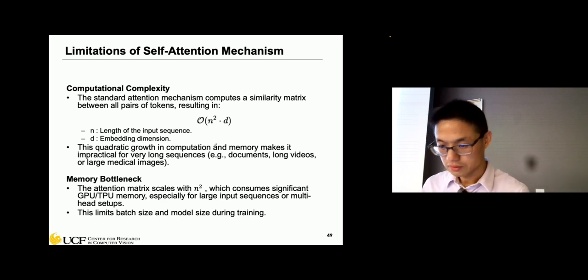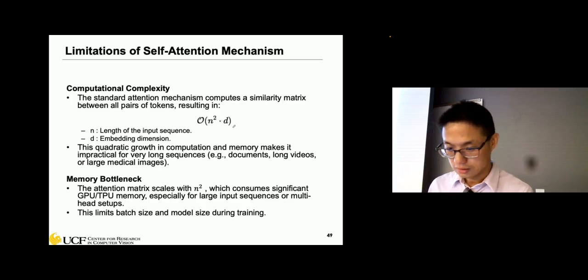Finally, I also want to mention some limitations for the self-attention mechanism. If the input sequence is very long, like thousands or even more than thousands of words, or the embedding dimension is very high, then the computational complexity is quadratic in the self-attention mechanism.